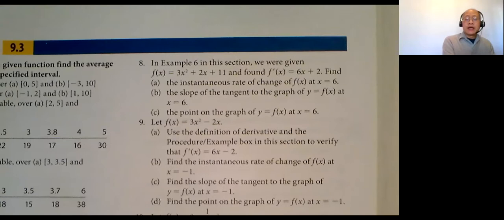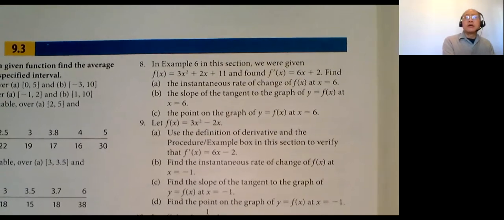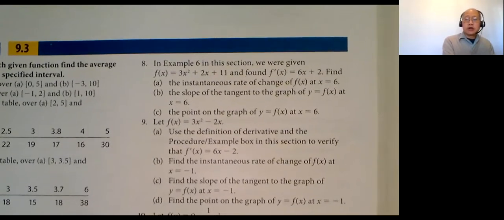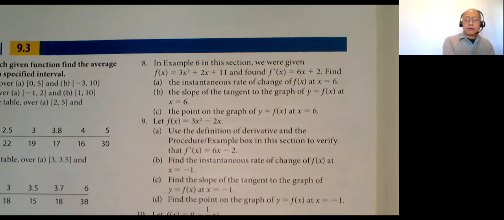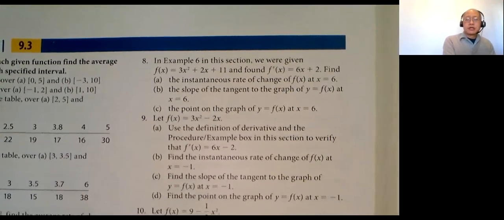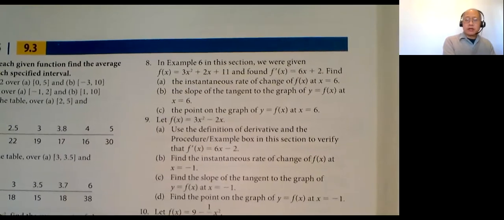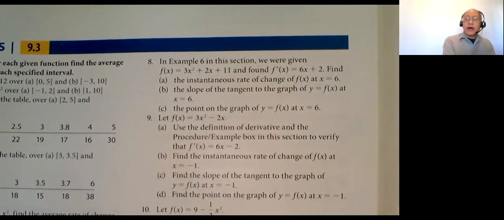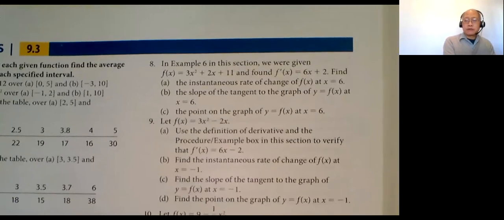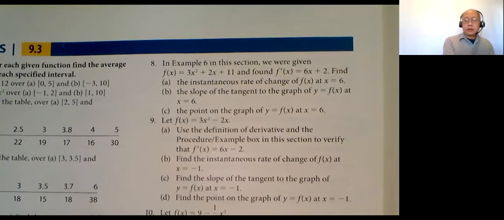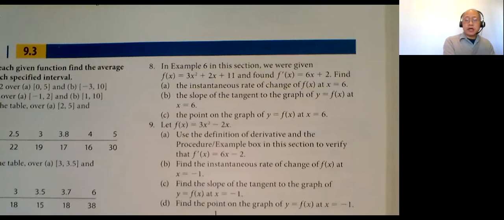A, instantaneous rate of change, derivative. B, slope of the tangent to the graph, derivative. C, the point on a graph at x equals 6. Well, that one you just plug into the original function. So A and B should be the same answer: instantaneous rate of change, slope of the tangent line.